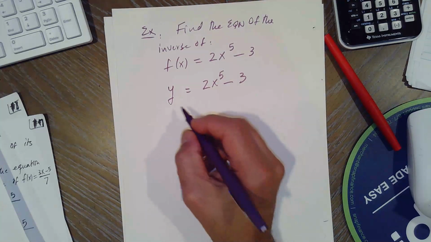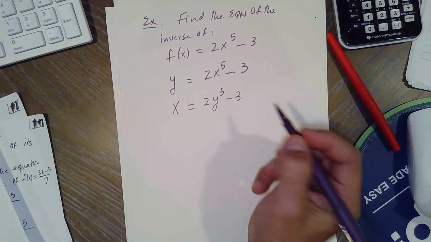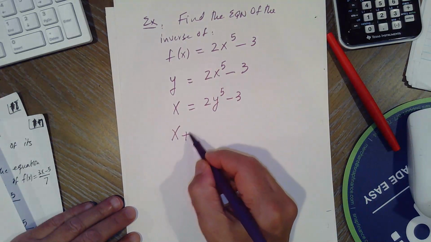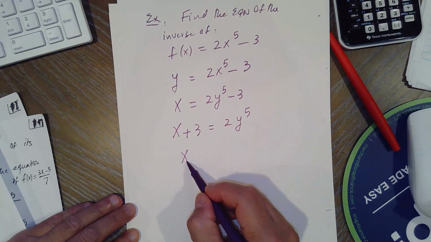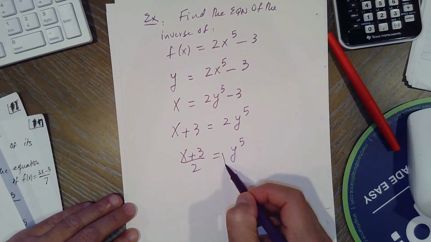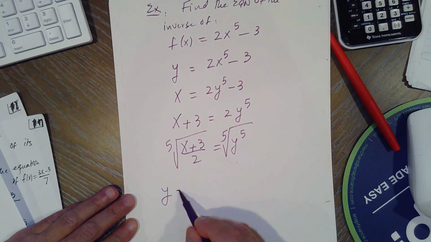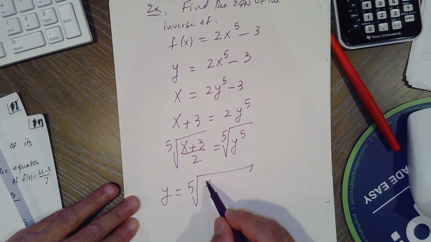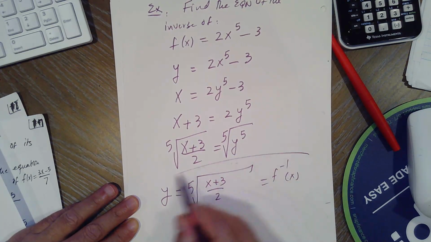We swap x and y: x equals 2y to the fifth minus 3. We isolate y, so add the 3. Divide by 2. To get rid of the fifth power, we do the fifth root. So y equals the fifth root of (x plus 3) over 2, and that's the equation of the inverse.